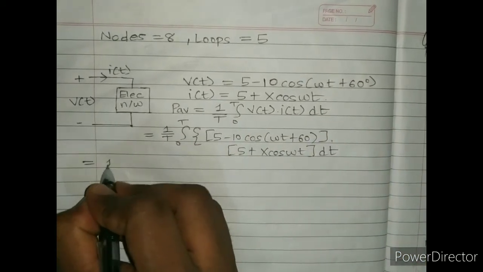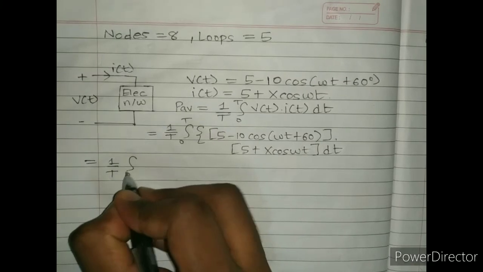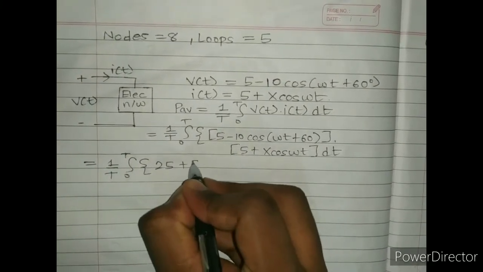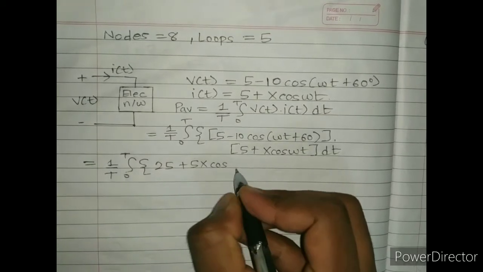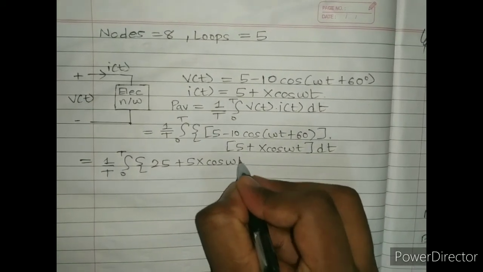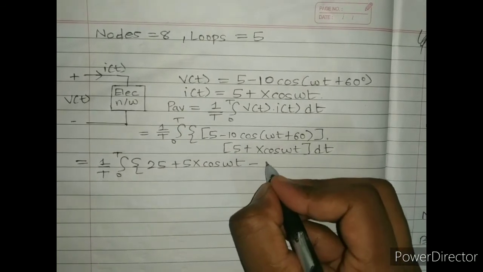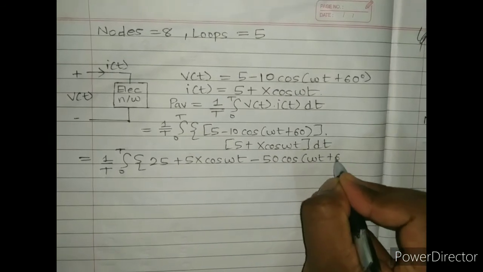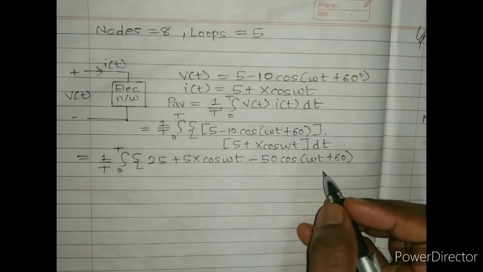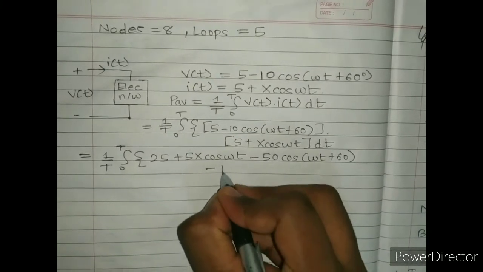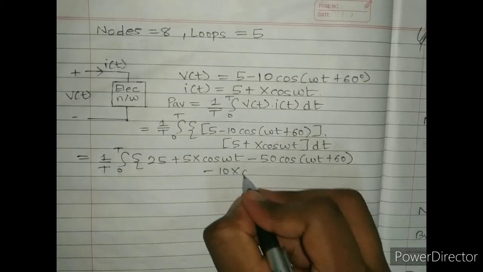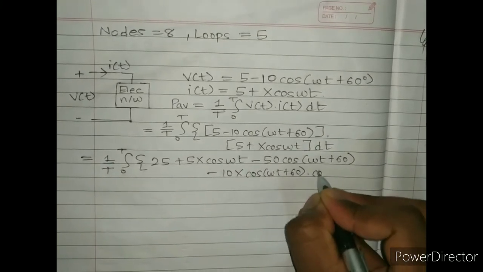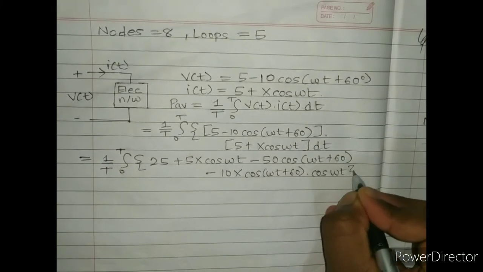is equal to 1 by T integral of 0 to T 25 plus phi x cos omega T minus 50 cos omega T plus 60 minus 10x cos omega T plus 60 into cos omega T dt.